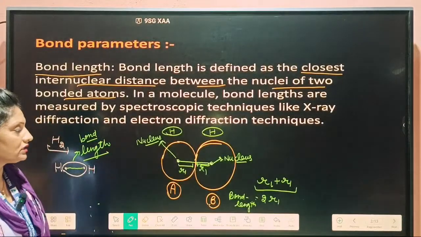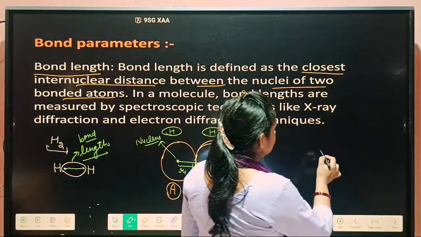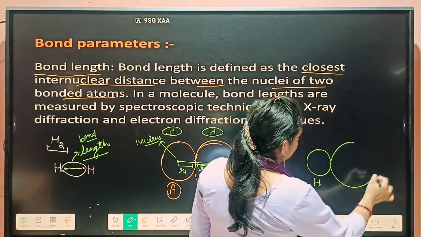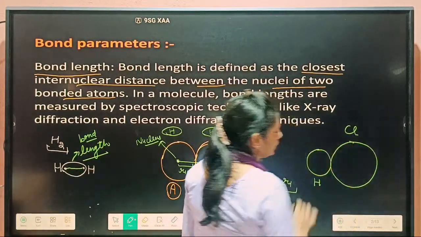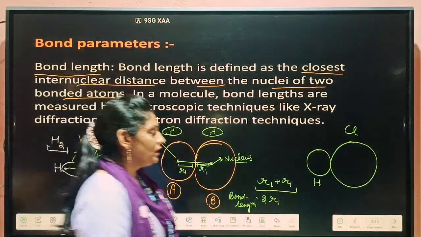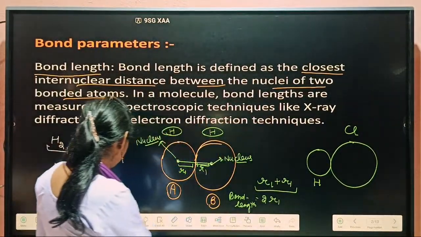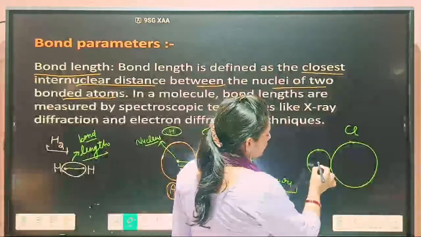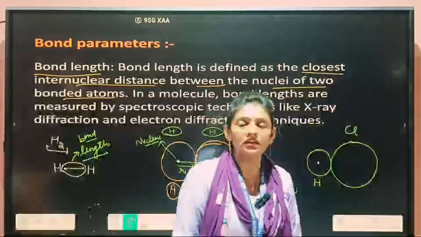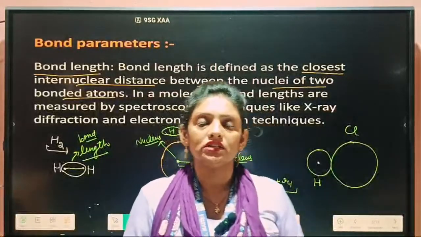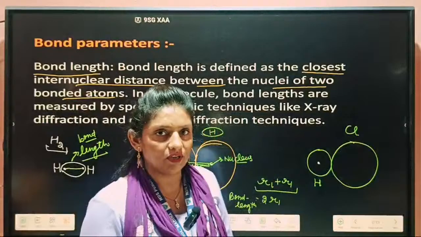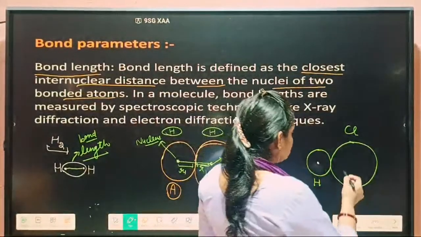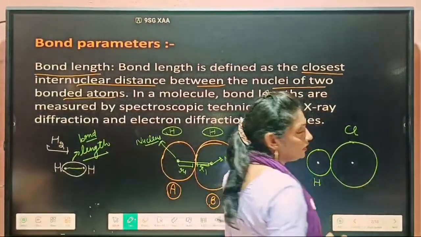And students, let us consider these two elements are different. This one is hydrogen and this one is chlorine. Then we can find the internuclear distance between them. This is the nucleus of the hydrogen, you know that in an atom the nucleus is present in the center, and this is the nucleus of the chlorine.